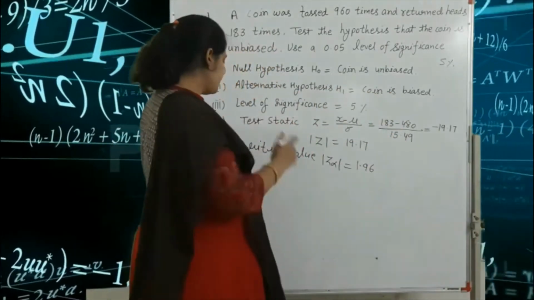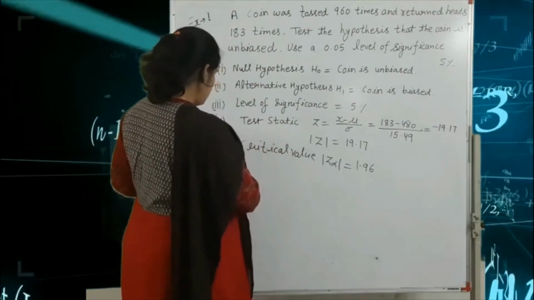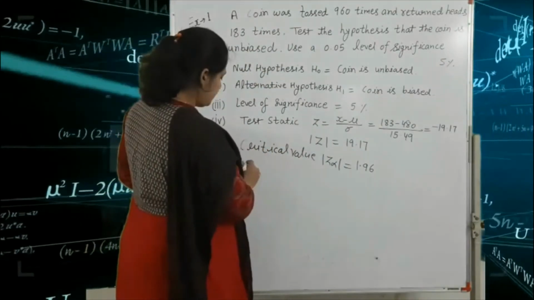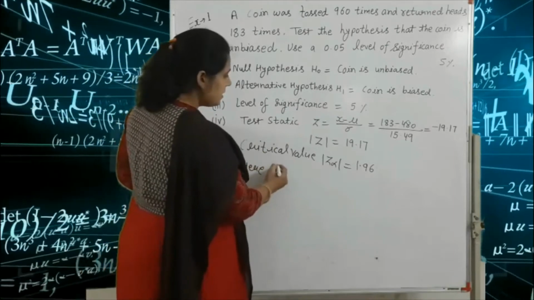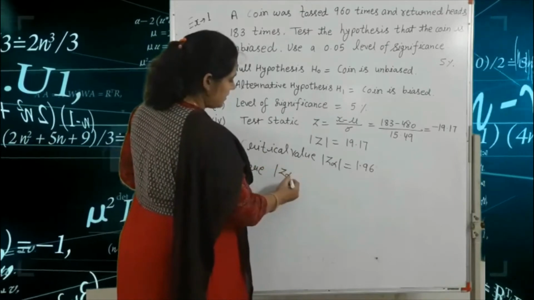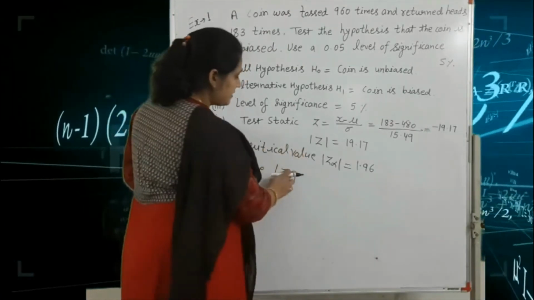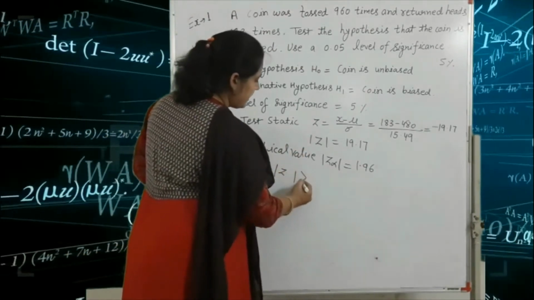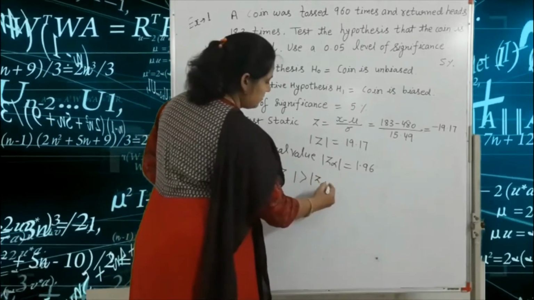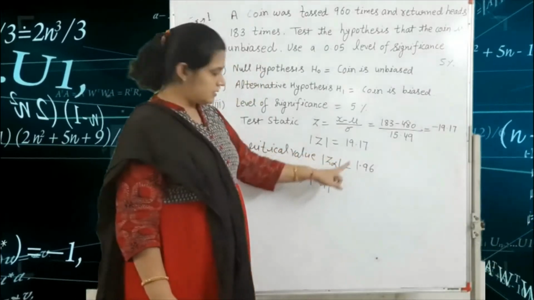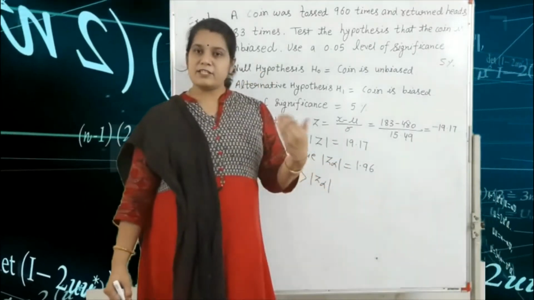Okay, so we write here the sixth step. Here we write mod of z greater than mod of z alpha. The mod of z is 19.17 and mod of z alpha is 1.96.